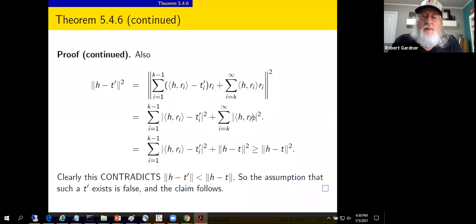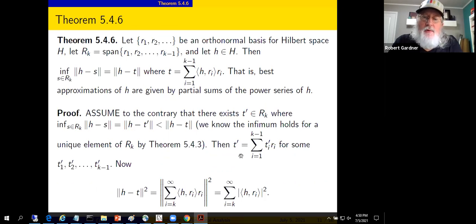This is what we had on the previous slide as the norm of h minus t squared. Sum from I equals k to infinity, this norm of h minus t squared. Let's go back and get it. Right. Sum from I equals k to infinity of these inner products was the norm of h minus t squared.